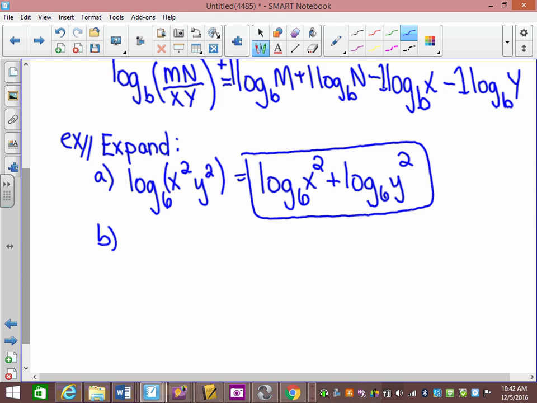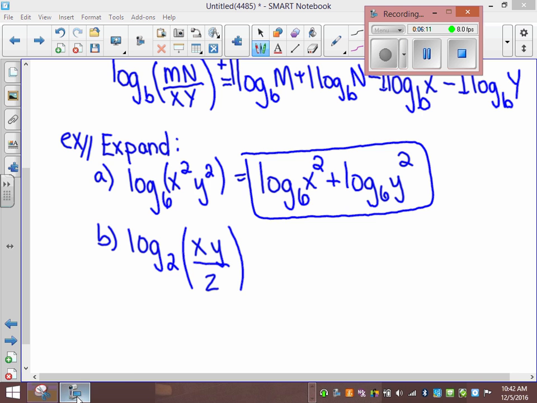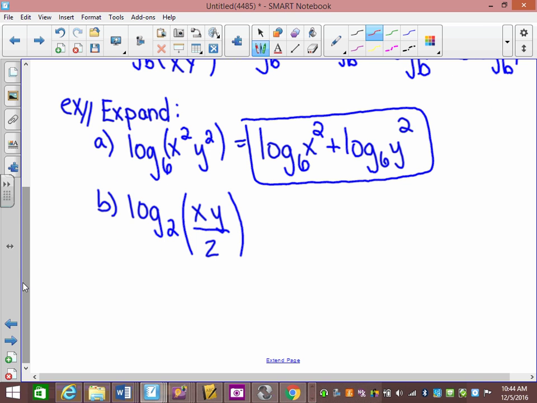B, log base 2 of xy over z. You try it out. See if you can do it. So when we expand this out, we're going to get positive 1 log base 2 of x, because x is on the top.